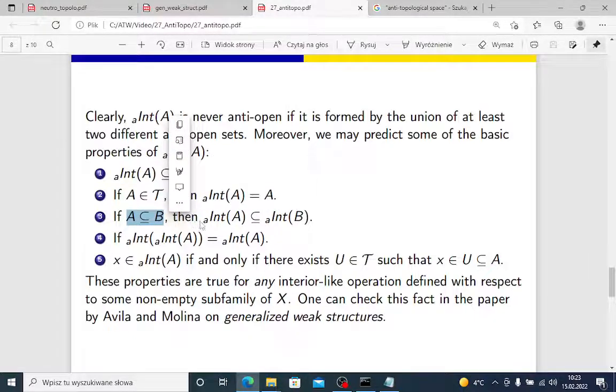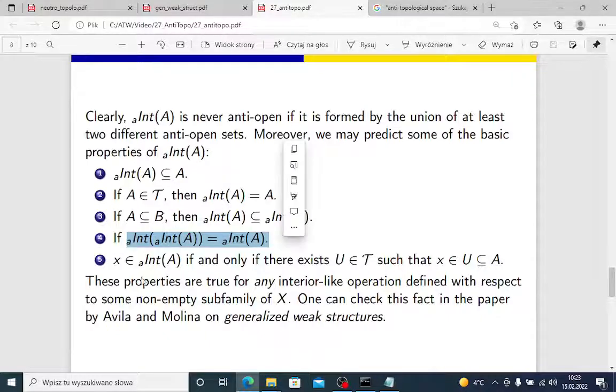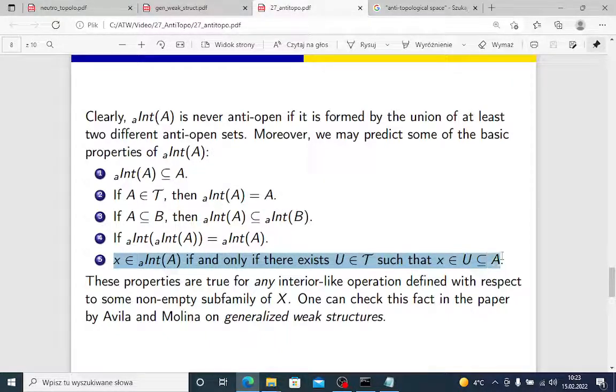If A is contained in B, then, this is the monotonicity property, the anti-interior of A is contained in the anti-interior of B. Idempotence is here, and this property: x belongs to the anti-interior of A if and only if there exists an anti-open set such that x belongs to this anti-open set contained in A. Why do we say that we may predict these properties?